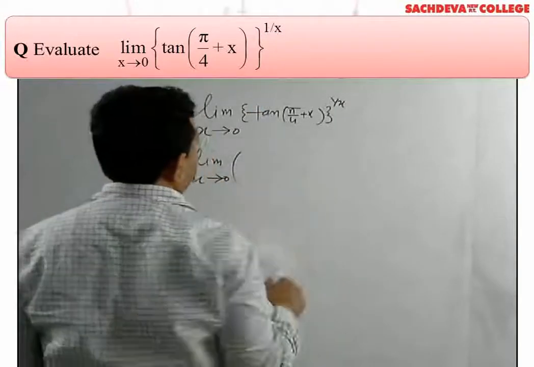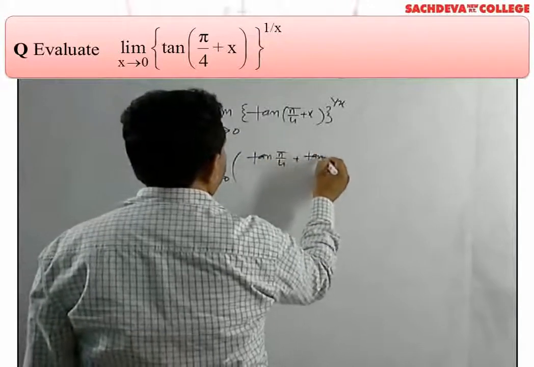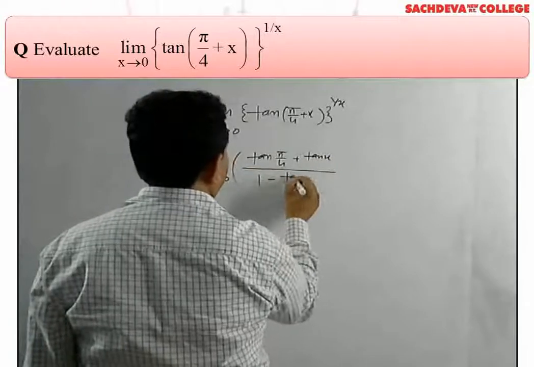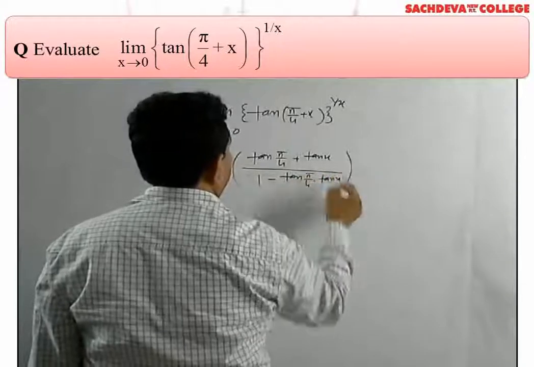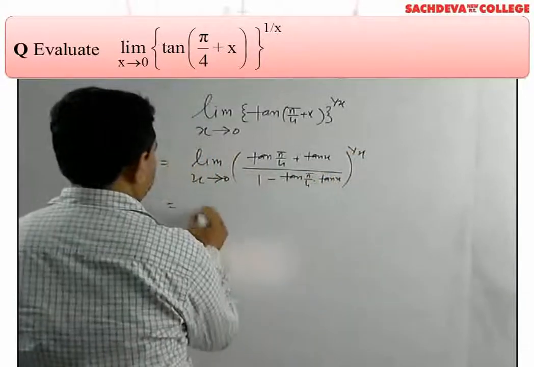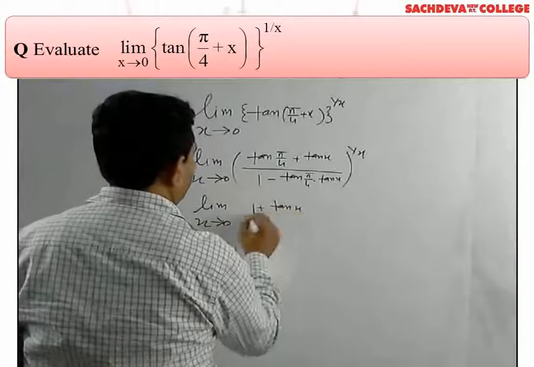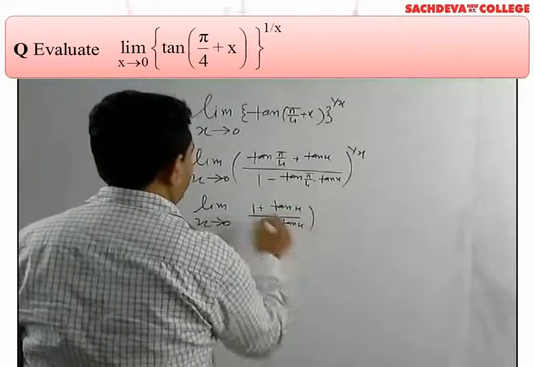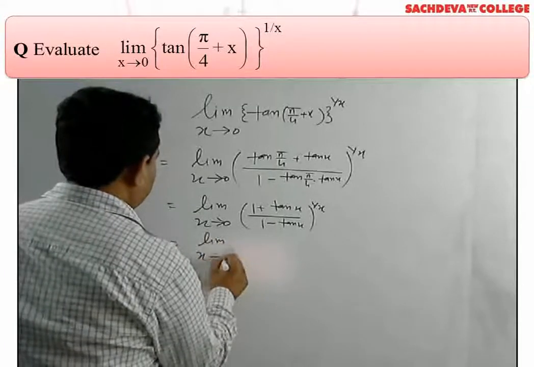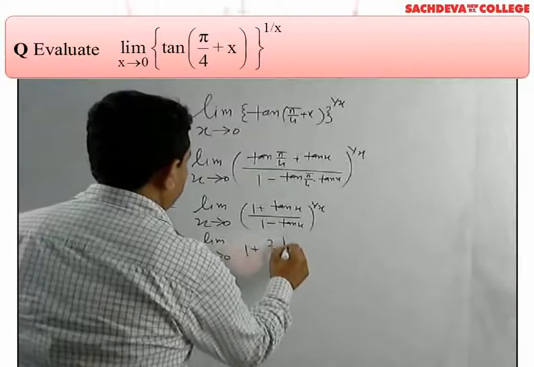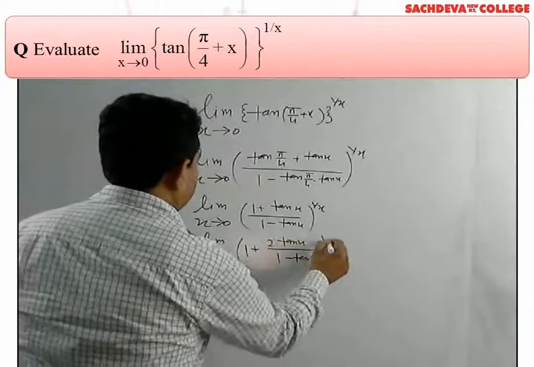We apply here tan(A+B) = tan(pi/4) + tan x upon 1 minus tan(pi/4) into tan x, to the power 1 by x, which equals limit x tends to 0, ((1 + tan x)/(1 - tan x))^(1/x).